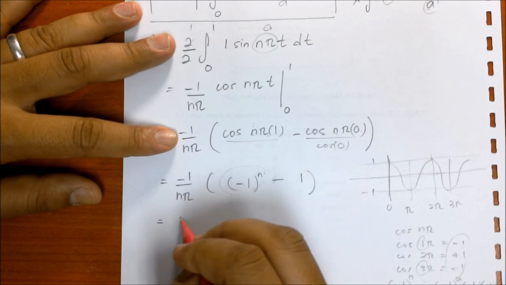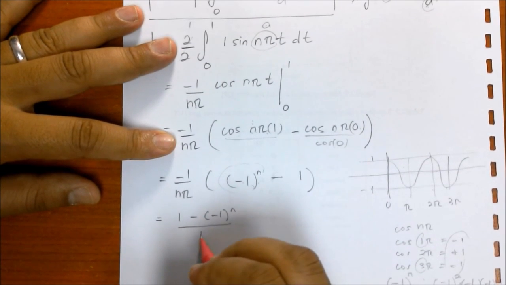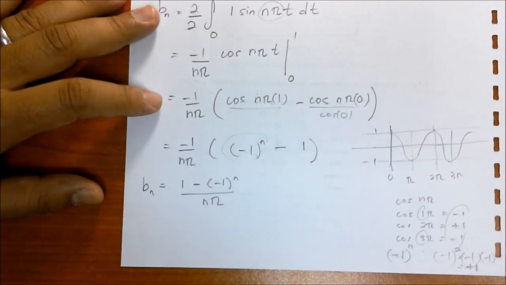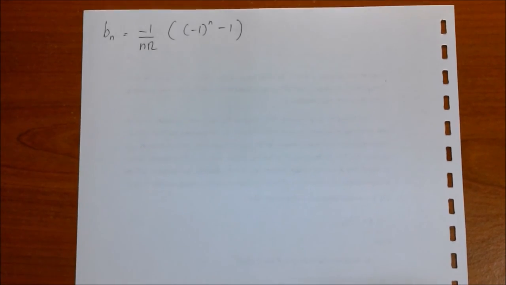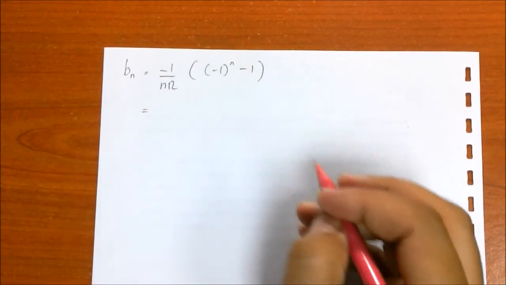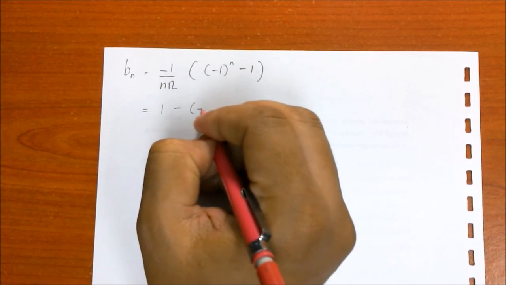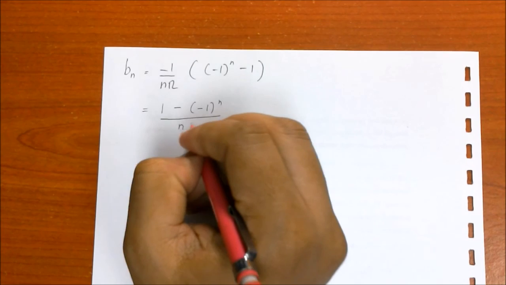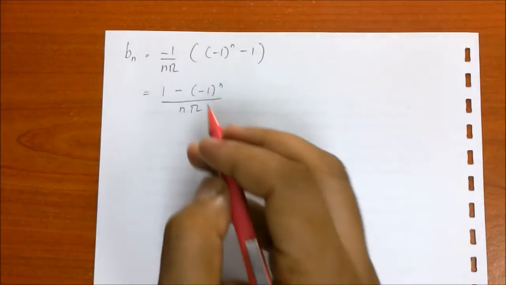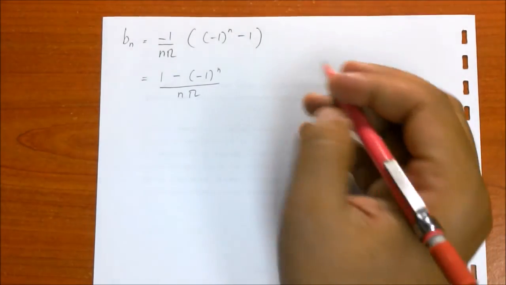So here we can simply reduce the equation as such. So this is our bn, and then we can further simplify this to 1 minus negative 1 to the n over n pi, right? And if we continue to look at this equation, we can actually further simplify it.